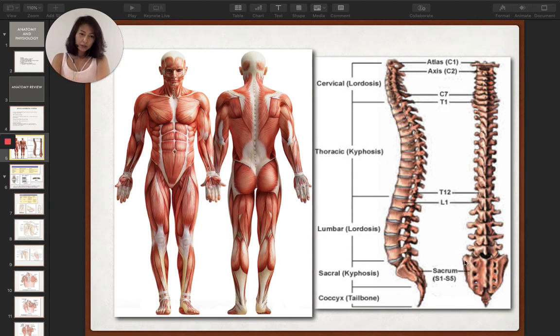So take a look at these tiny little holes here on the sacrum. These holes are the holes or the tunnels for the nerves as well. Yeah, for the nerve lines.